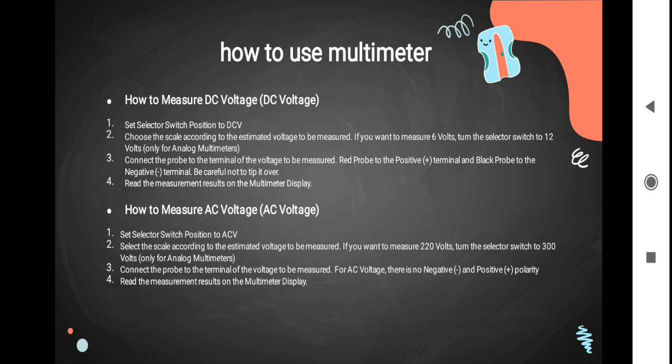Connect the probes to the terminals of the voltage to be measured. For AC voltage, there is no negative and positive polarity. 4. Read the measurement result on the multimeter display.